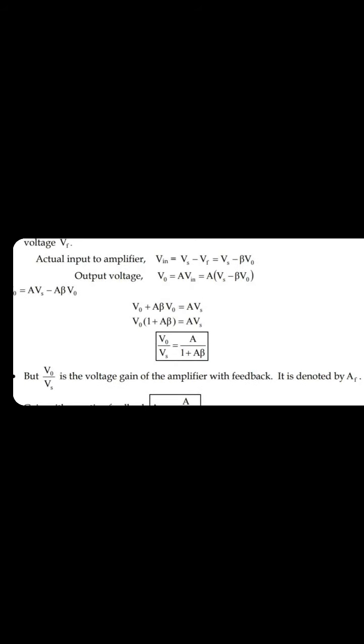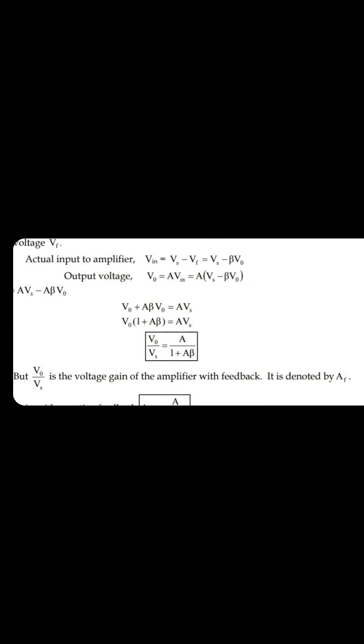So V naught equals A times Vs minus beta V naught. From this, V naught plus A beta V naught equals A Vs. So we derive that V naught by Vs is A by 1 plus A beta.